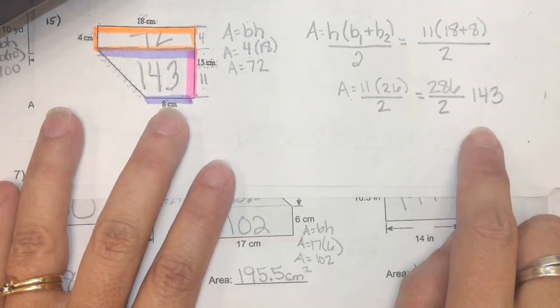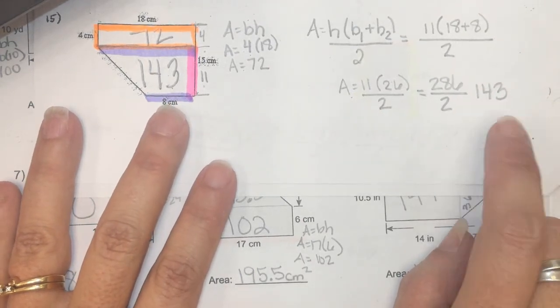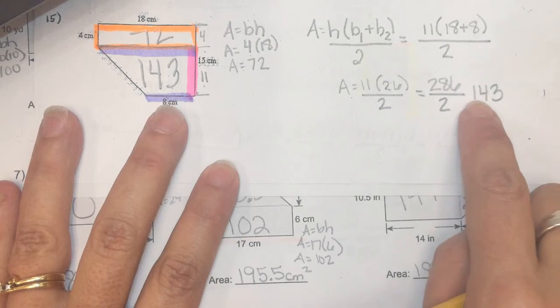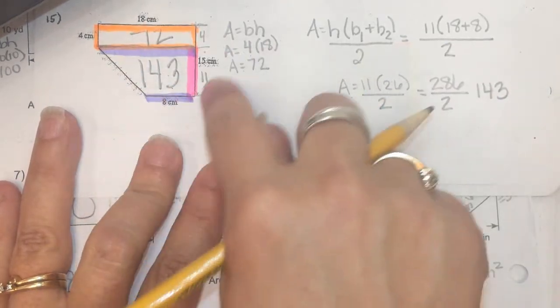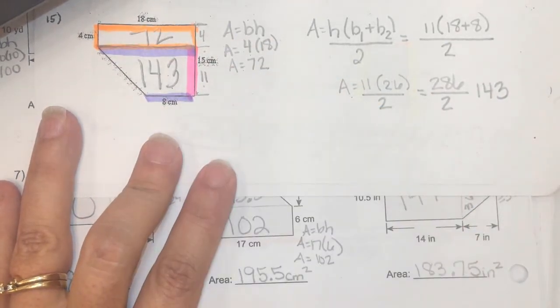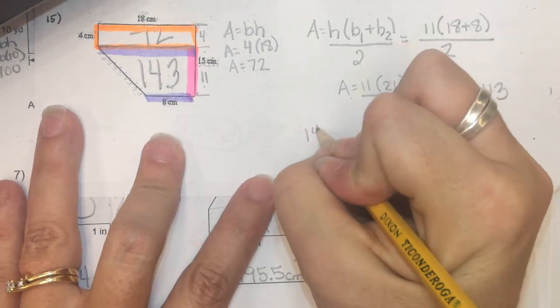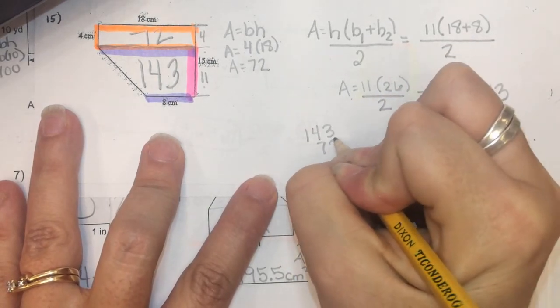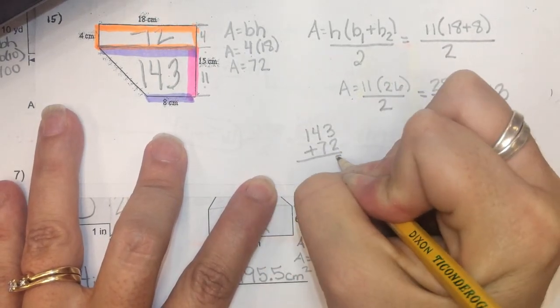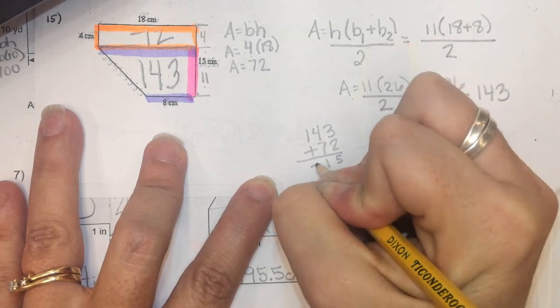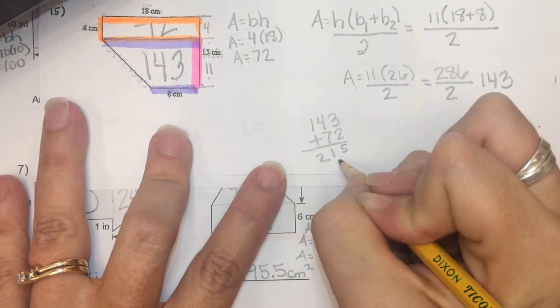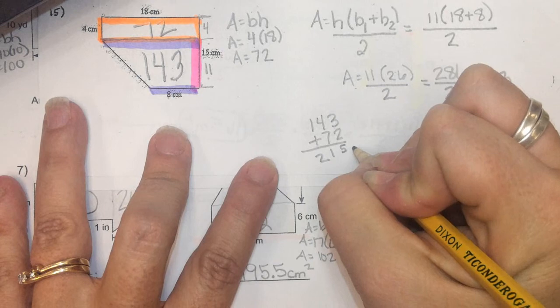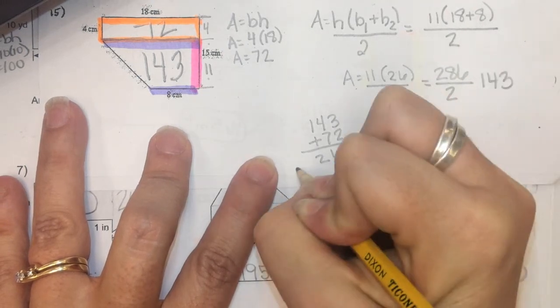Be very careful. For the final answer, you need to add them together because we want the whole shape together. 143 plus 72. So I got 215 centimeters squared.